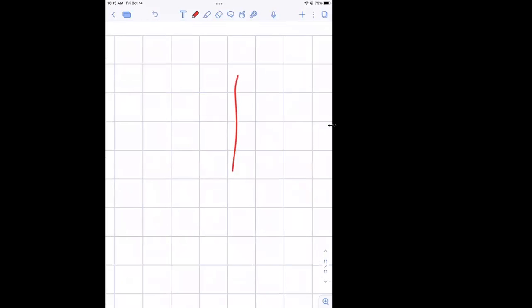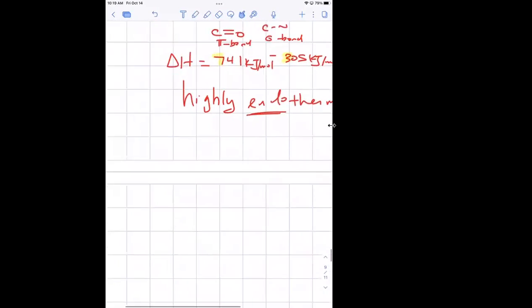That's a lot of energy. If you think about it in kilocalories, 177 kilocalories, that's 177,000 calories because a kilo is 1,000. That's a lot. So it's endothermic, we know that. And all the other stuff we can infer from delta H being positive, we're going to do.